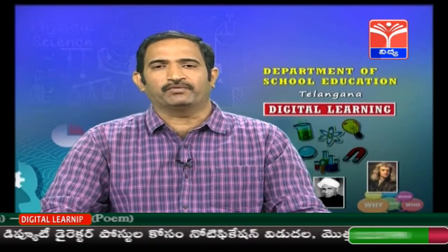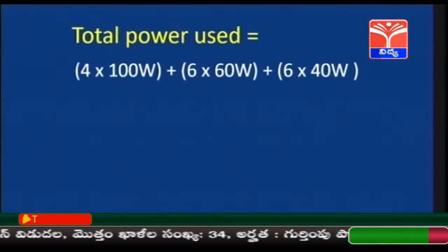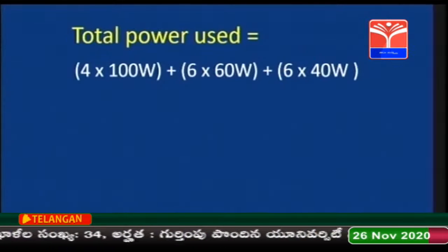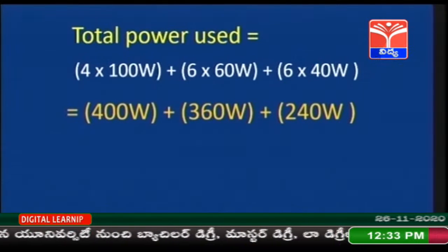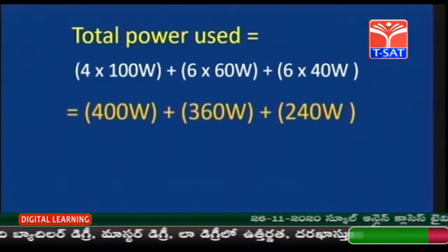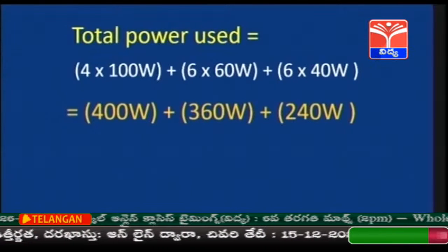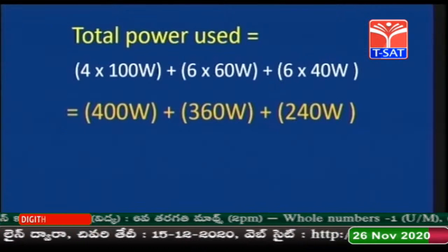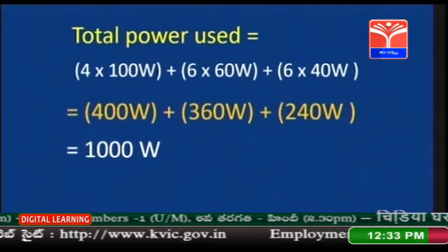Now total power used here is how much? First 4 into 100 watt bulbs, that is 400 watts, 6 into 60 watt bulbs, that is 360 watts, 6 into 40 watt bulbs, that is 240 watts. In total how much will it be? That will be 1000 watts.